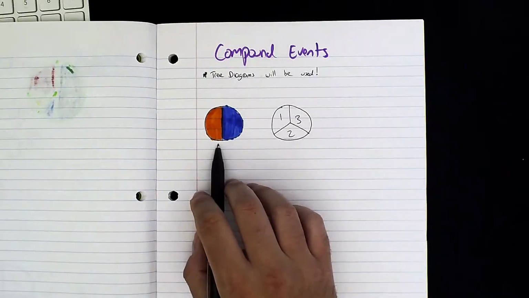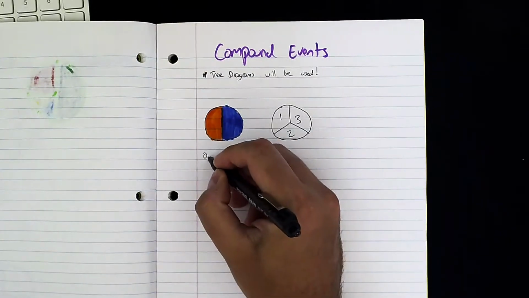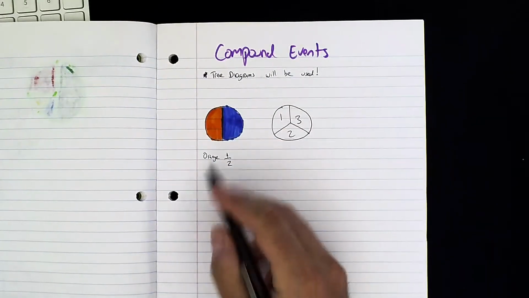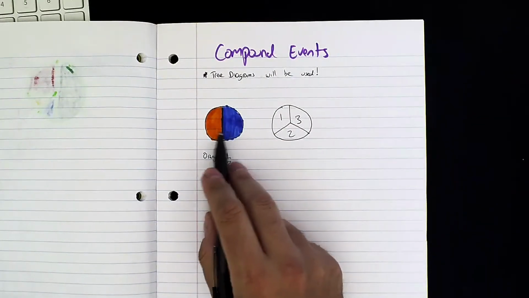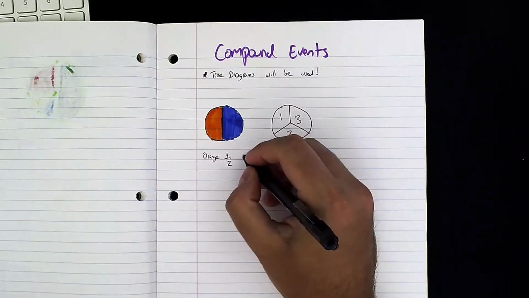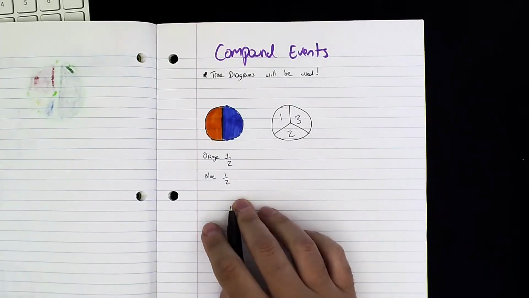When we look at this spinner here, we need to look at what is the probability of landing on orange or blue. Well, to land on orange, it's 1 over 2 because there are only two parts to this spinner and one part is orange and it's equal to the other part. So that means blue is 1 over 2.